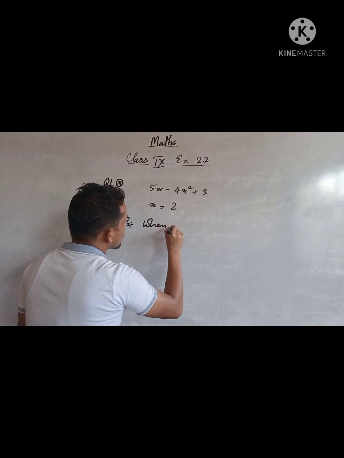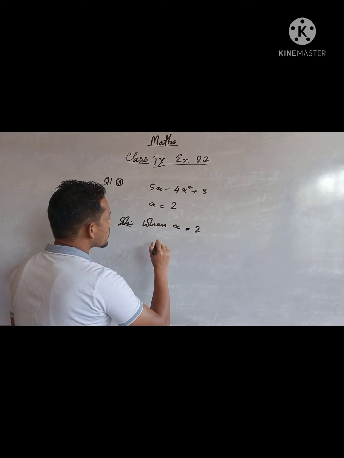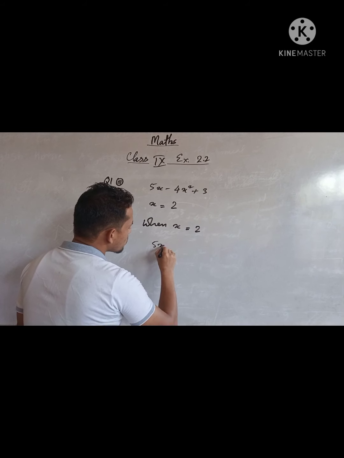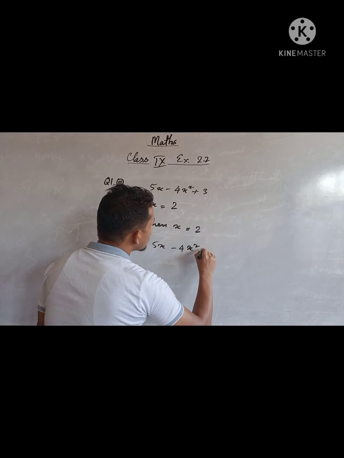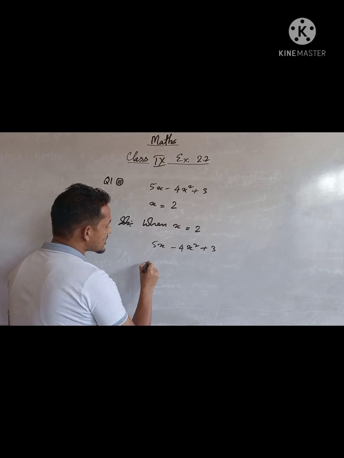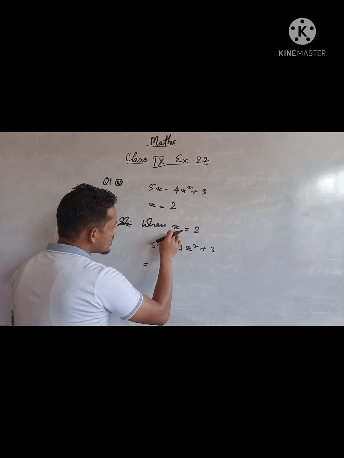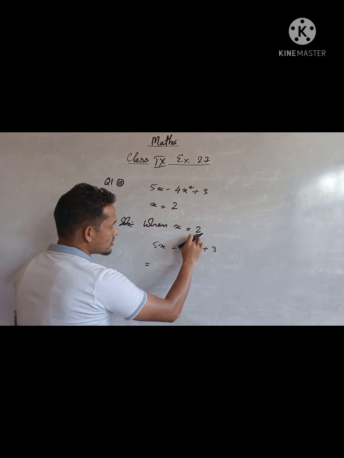when x equals 2, this is already given. You first write your question, 5x minus 4x square plus 3. In the next step, the value of x is 2, so instead of this x, you will be using 2.